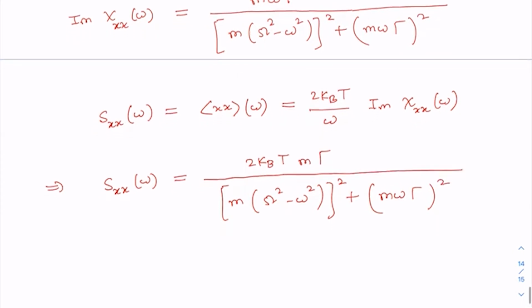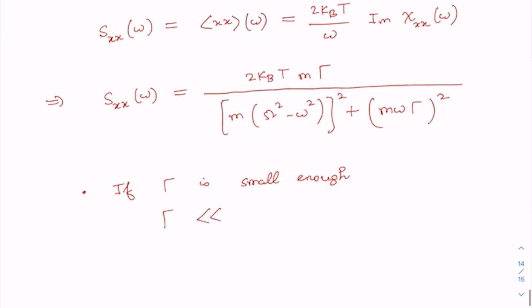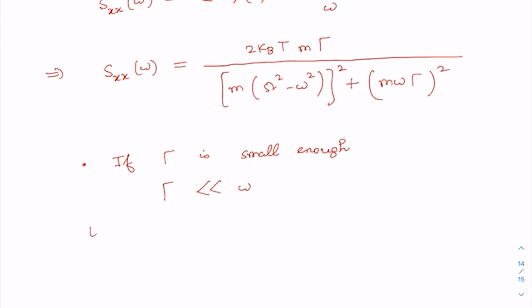Okay, this expression can be further simplified if gamma is small, that is, if dissipation is small enough, so gamma is far smaller than the frequency omega. Then we can expand around omega equal to capital Omega.